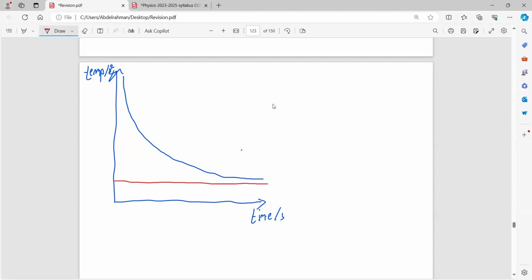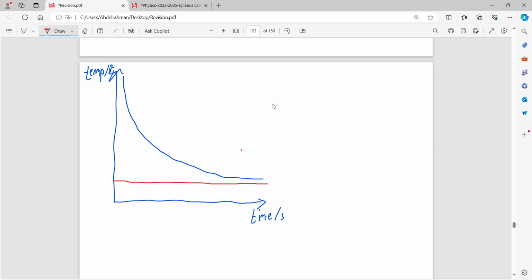The room temperature would be near the end of the graph, somewhere here. The initial temperature of the hot water, what happens to the temperature of the water? It keeps on decreasing, with a decreasing rate of cooling, until it reaches the room temperature.